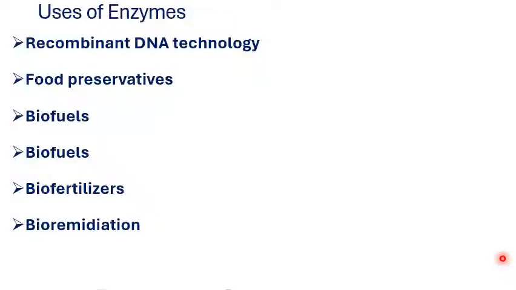And also for biofertilizers and bioremediation, the enzymes that can enhance uptake of nutrients from the environment for plant development, and other enzymes that also help in degrading pollutants in water, are useful in bioremediation, and they offer an eco-friendly approach to environmental cleanup. These are examples of uses of enzymes generally.